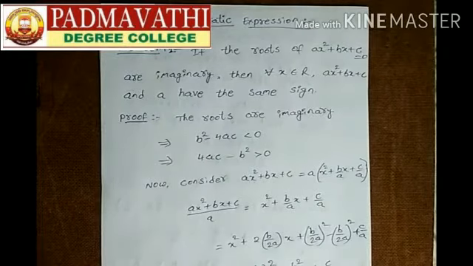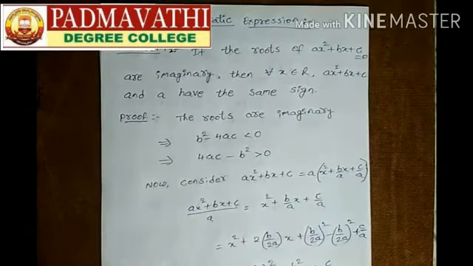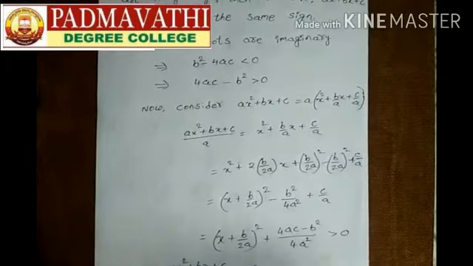Now consider the given quadratic expression ax square plus bx plus c. We can take a common from this: a into x square plus b by a into x plus c by a. So taking this a to the left hand side, ax square plus bx plus c by a equals x square plus b by a into x plus c by a. Now the right hand side of this expression we can convert into a perfect square.